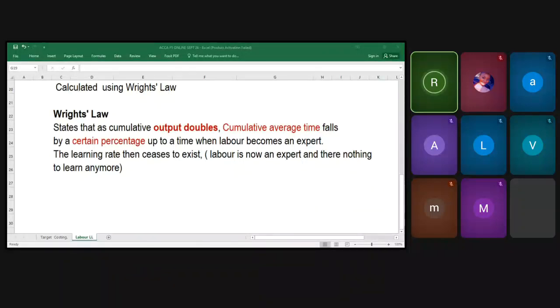Let me try and get a diagram that is drawn already for the labor learning rates, because with my laptop I can't draw using this one. Okay, learning curve theory. I hope this is going to be visible. Just hold on a moment, guys.